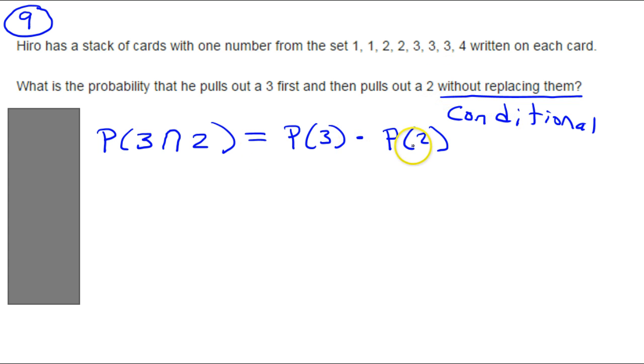That would be what we would do if you started fresh each time and you put back the card once you were done with it.